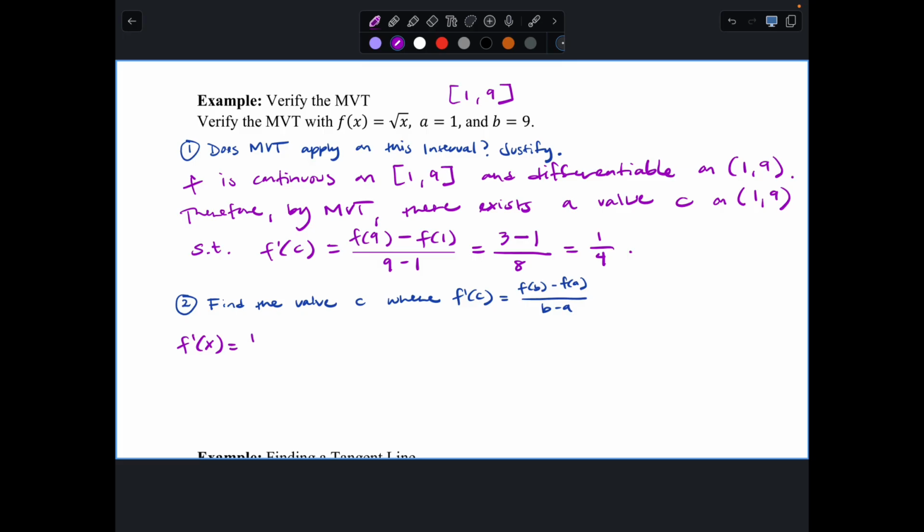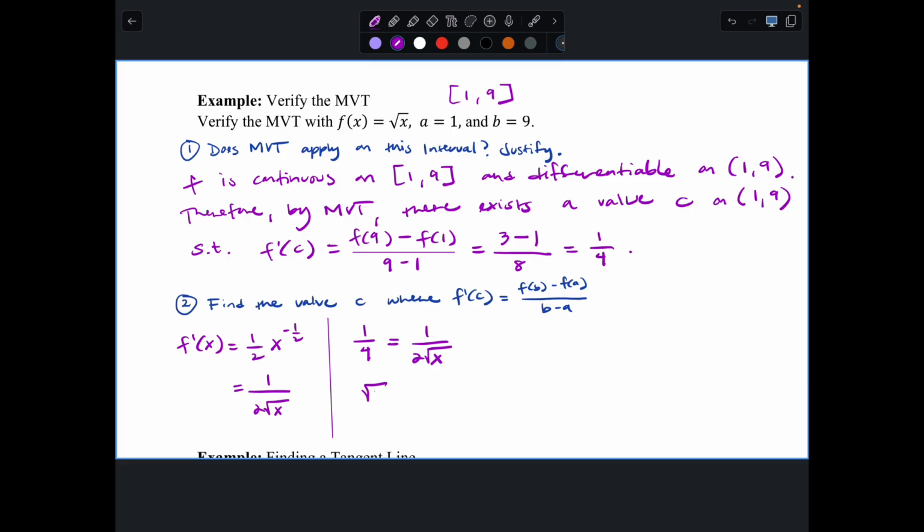Okay. So finding f prime, that would be 1 over 2 root x. Then we want to find the value of x where f prime would be equal to 1/4, so we can just set our derivative equal to 1/4.